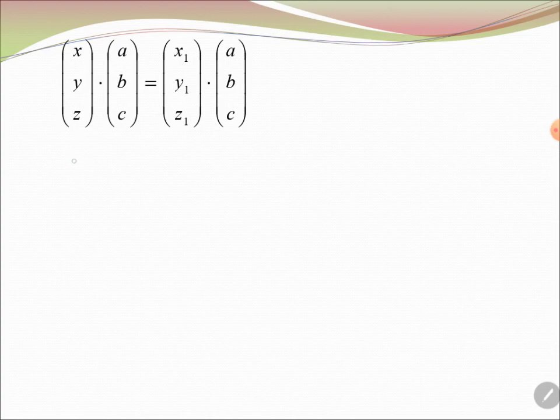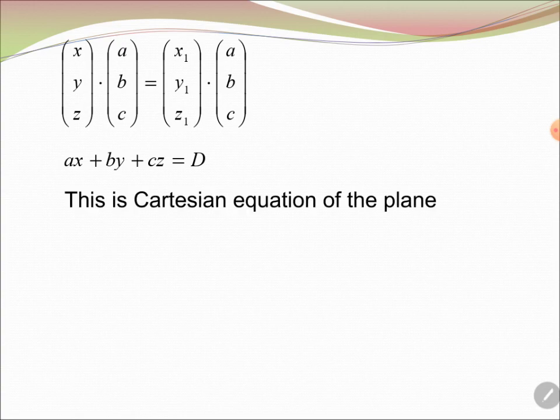On the left-hand side we cannot find the value because x, y, z is unknown; it will be any point on the plane. But on the right side we can calculate the value. So we will have ax plus by plus cz on the left side, and the right side will be a constant, a value d. This is the Cartesian equation of the plane.